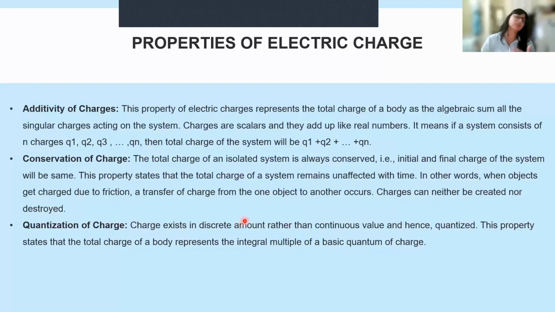We will learn in detail that an electron and a proton have a certain quantity assigned to their charge, so a charge can be quantized. Charges can be conserved and charges can be added. These are some basic properties of electric charges.